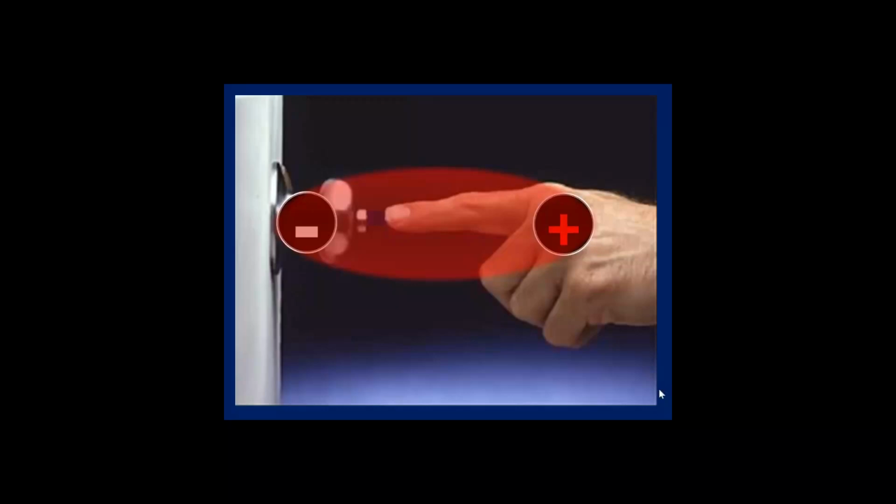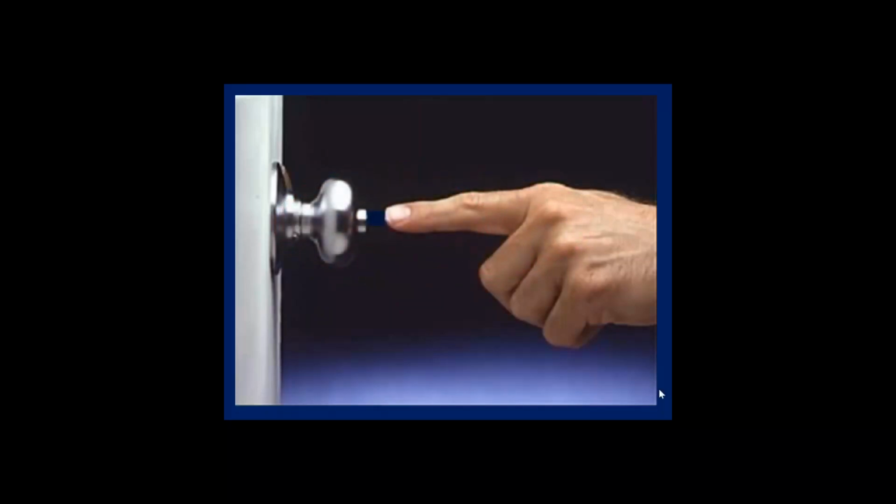The voltage actually increases. So you've got two things working here. The voltage is increasing, the field strength is increasing, and there's less and less air between your skin and the doorknob. And when you get close enough, you get an arc, and that arc discharges the difference in potential between your body and that doorknob. So this is an example where electrons do jump across air.